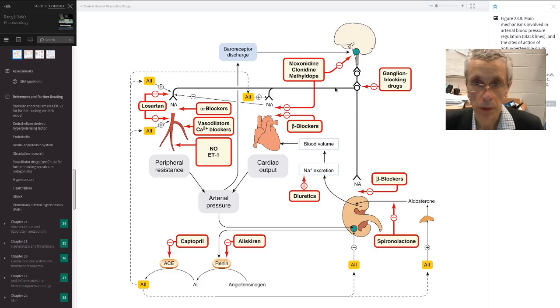So we've got the central nervous system part here, acting as a negative feedback loop. This is very short term. This is how it responds within seconds. The kidney system is longer term, and it responds through the renin, angiotensin, and aldosterone pathways, and they work to restore blood pressure. But we have this interface with the central nervous system as well.